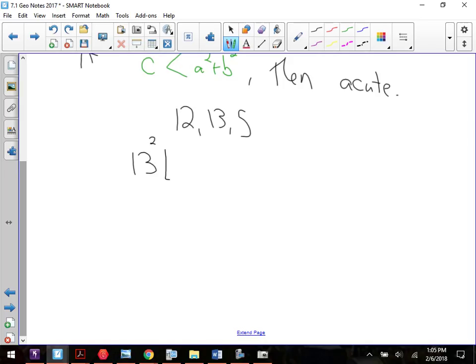What is 13 squared's relationship to 5 squared plus 12 squared? So I take my trusty old calculator out, and I type in 13 squared, and I hit equals. And then I press 5 squared plus 12 squared. And I get?